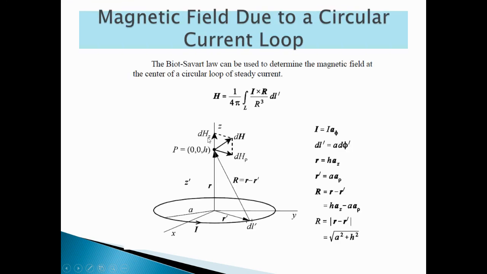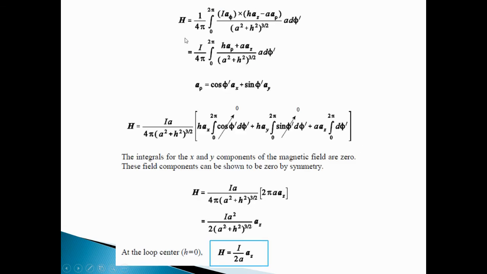Now if it's not a line current anymore, but a circular loop current, then that is a little bit different, but not so much. I don't want to go so deep because you know it already, but go through how this comes. After the derivation we get H is equal to I by twice a.